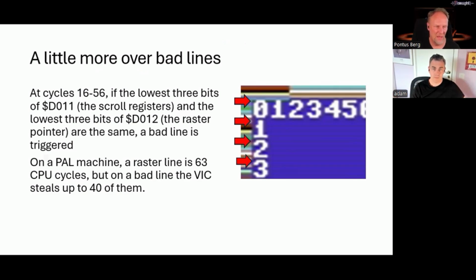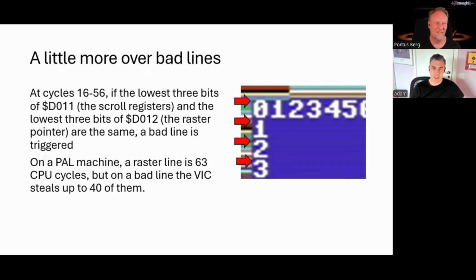And as you already mentioned, there are 63 CPU cycles on a normal line, but on a bad line, the VIC steals up to 40. The normal case is that it steals 40, but if you're doing a few of the tricks, you can intercept it halfway through, and it would take less.